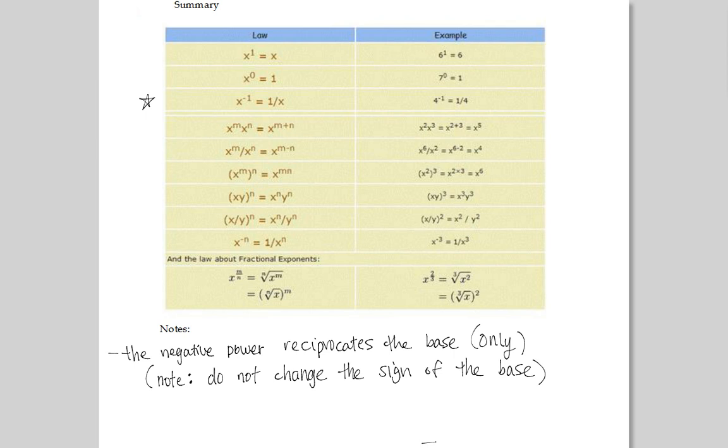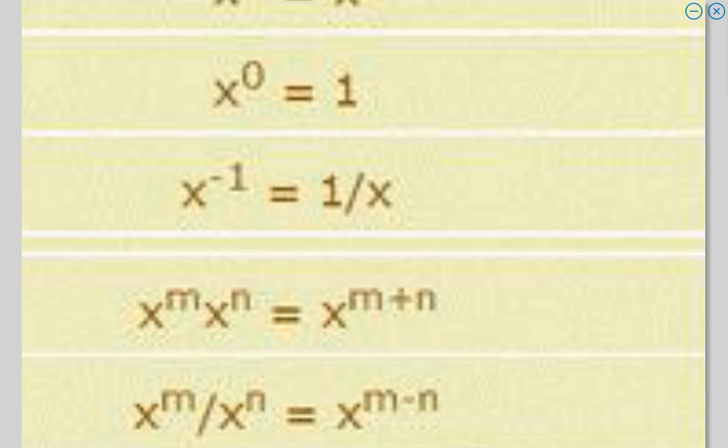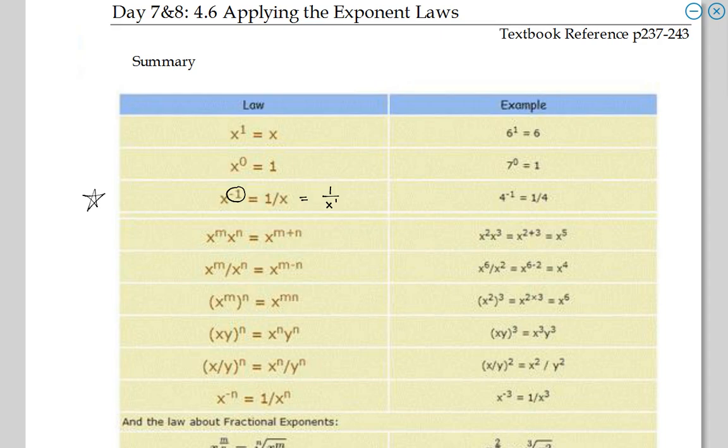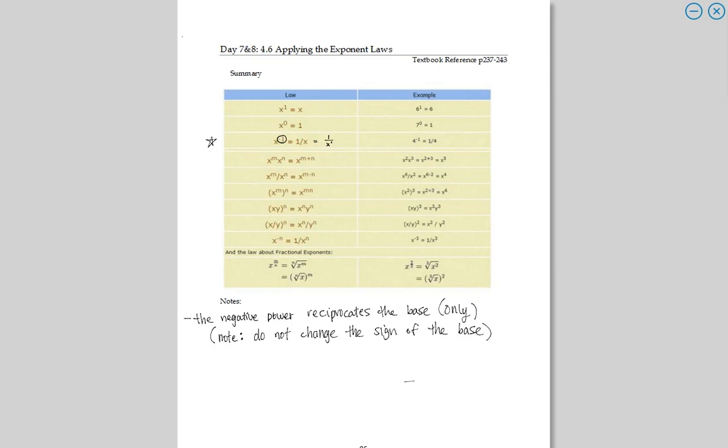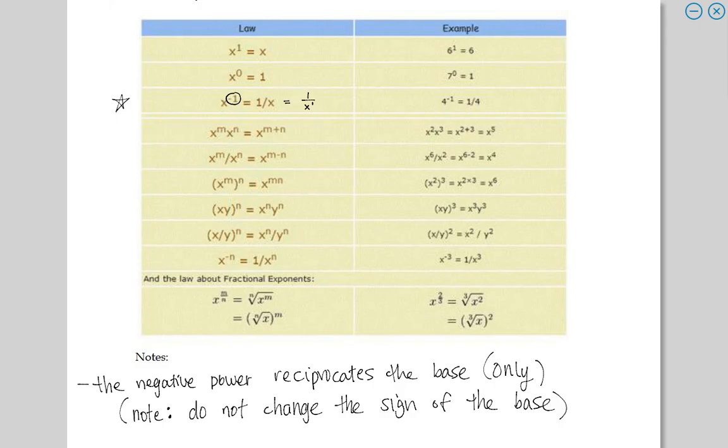So if you change the exponents, take a look at this. This was a negative 1, and now you have a positive 1. When you change the negative in the power, it has nothing to do with the negativity of the base. Okay, let's keep going.